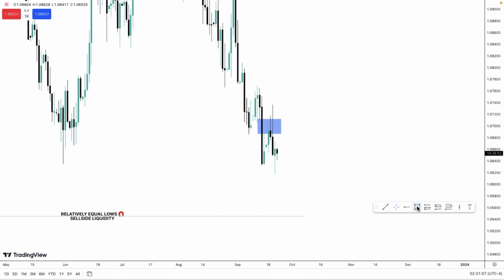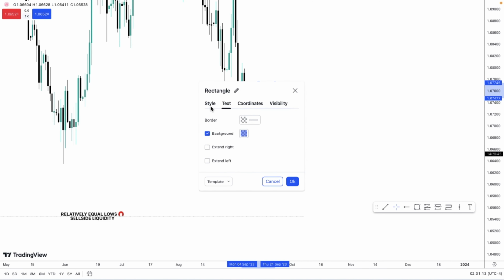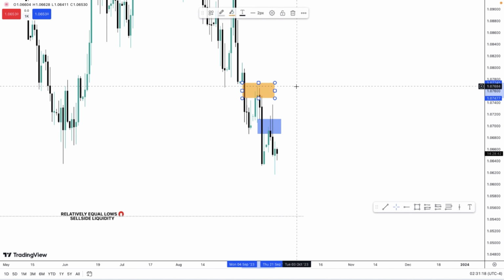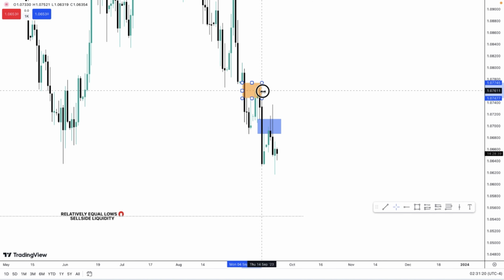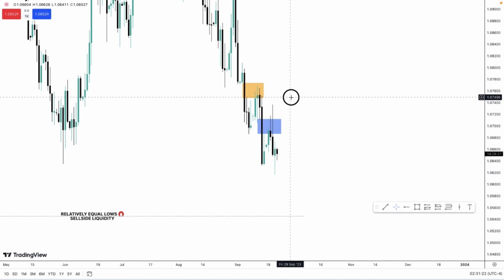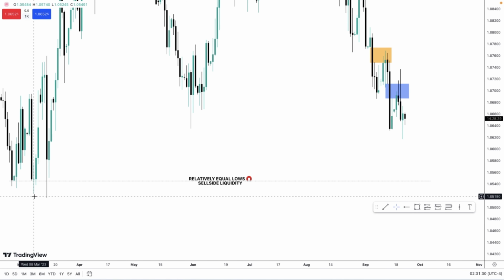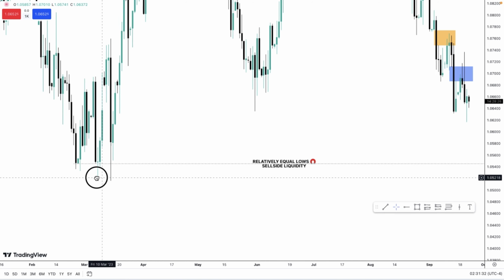So EURUSD, we can see that it's been working nicely off its fair value gaps. Like I mentioned, I am long-term bearish on EURUSD, at least up until you take out these lows. That can happen, I don't know, around December.